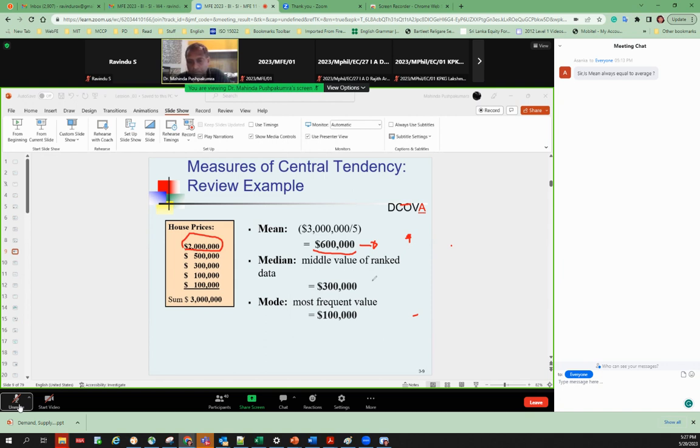Then you can say the middle value, the median value, is 300,000. That means when you consider house prices, 50% of house prices are below 300,000 and 50% of house prices are above 300,000.